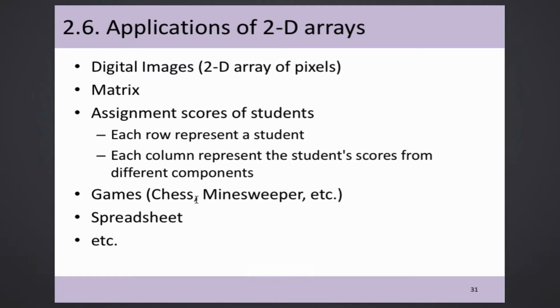In a computer, every image is stored as a 2D array with 4 layers. One layer is whether the particular point is transparent or not. Second, what is the intensity for red? What is the intensity for green? What is the intensity for blue? That means 4 2D arrays put together, and then you can display it.